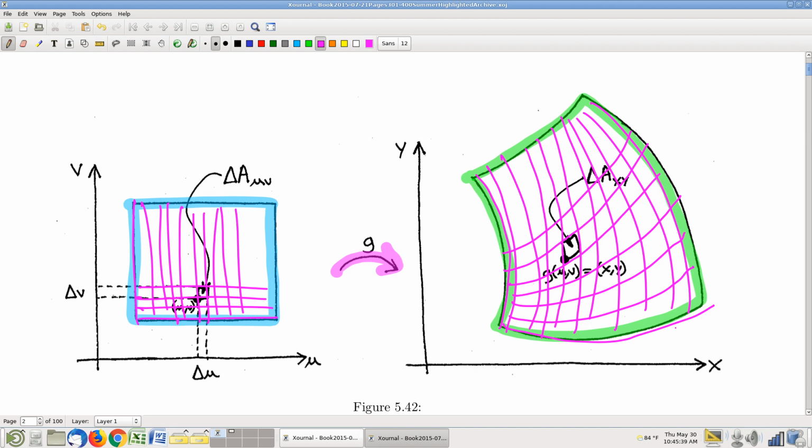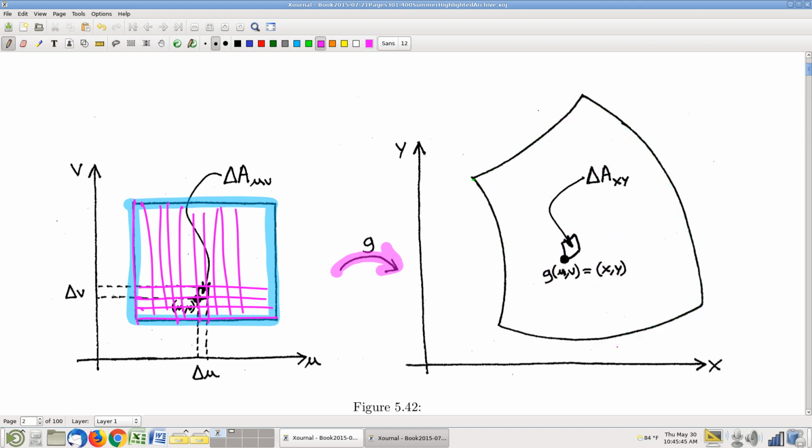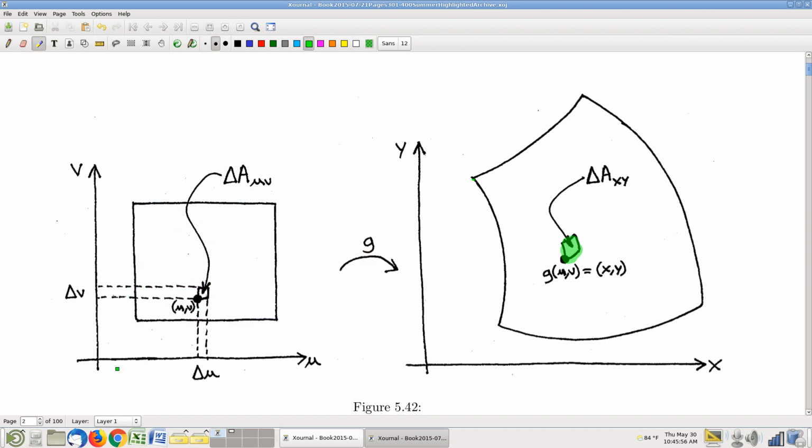The sticky point is that size, this little piece of area. I want to focus now on this little piece of area right here. This little piece of area is presumably not the same as the little piece of area that it came from. Right?